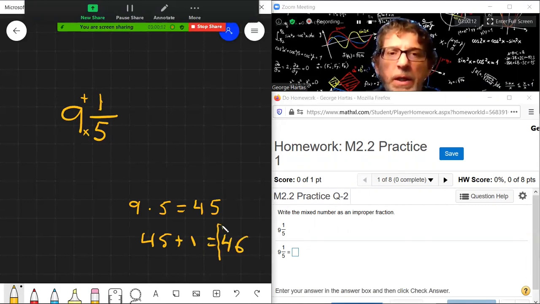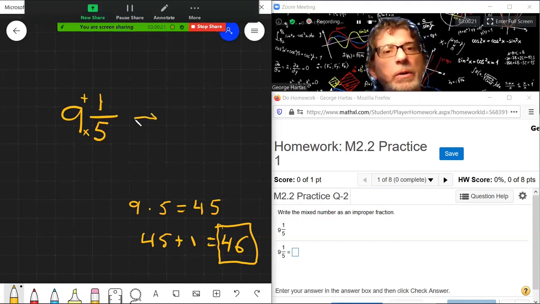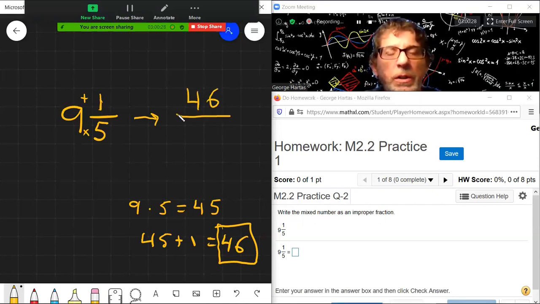This becomes the numerator of the improper fraction. Arrow over. And what goes in the denominator? The same thing. 5 goes there. All right, so there it is. We're done. This is the answer.